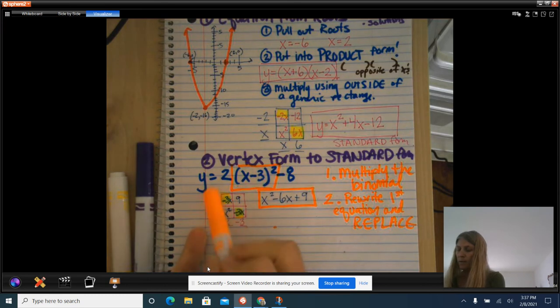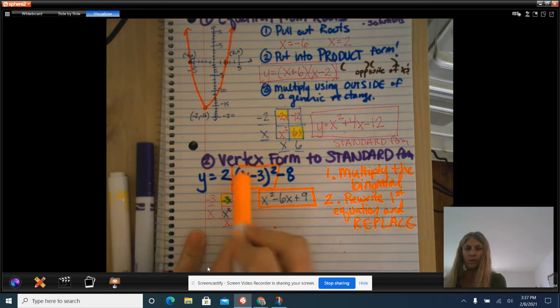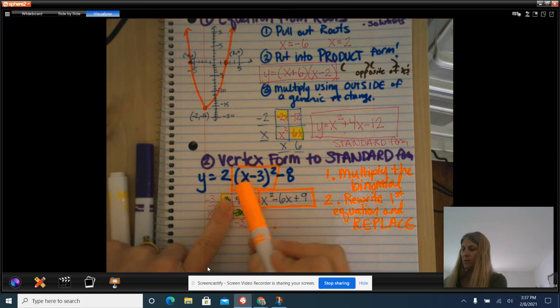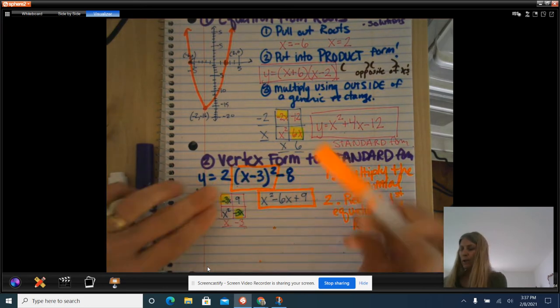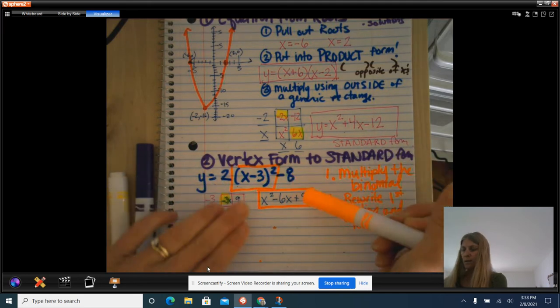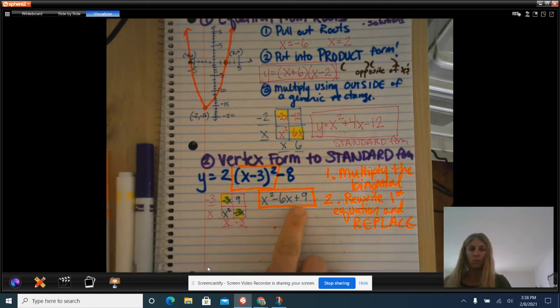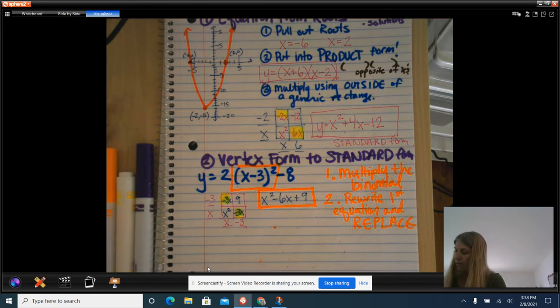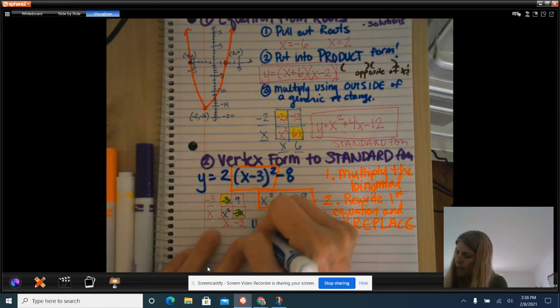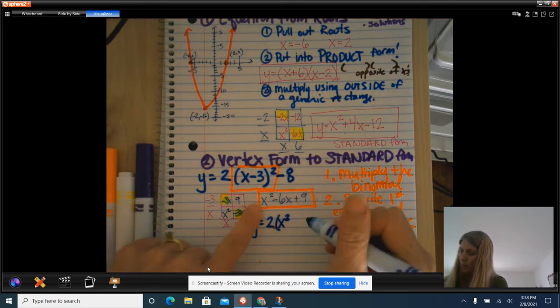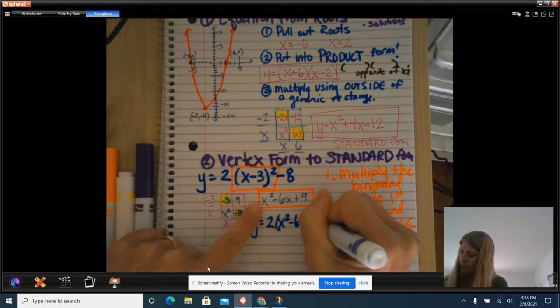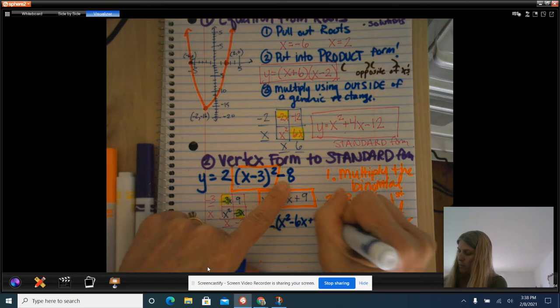So what we did is we used the generic rectangle to find out what this is right here. And we found out that x minus 3 squared is equal to this. So we're going to rewrite this equation in blue, but when we hit that box, we're going to substitute it with what it is equal to. So we have y is equal to 2 times the quantity, x squared, now we're replacing, minus 6x plus 9, and then we finish with minus 8.